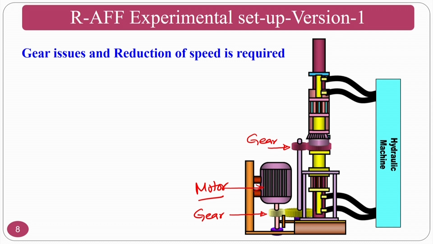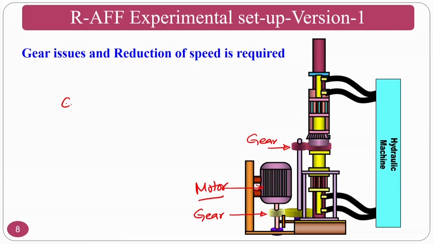This is a lesson for master's and PhD students who want to design their setups, because that is how you learn. You have to see what the drawbacks are, what is going bad, and how to overcome it. In this condition, the gear teeth are breaking, and because of that the system is not working properly.